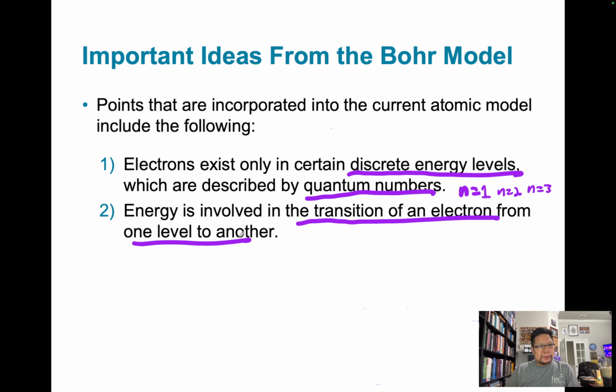Again, where you have an electron at the ground state, you've got to put energy into the electron for it to get promoted to the next highest energy state, and when it comes back down, the energy is released. So there's either an absorption or a release of energy.